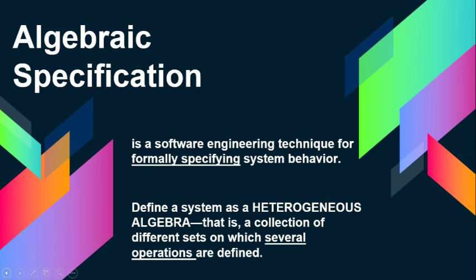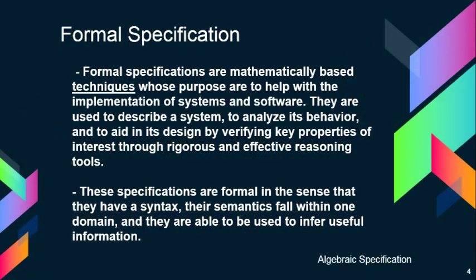Algebraic specification is a software engineering technique for formally specifying system behavior. So what is formal specification? Formal specifications are mathematical-based techniques whose purpose is to help with the implementation of systems and software.